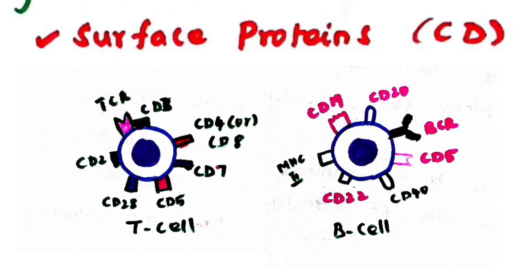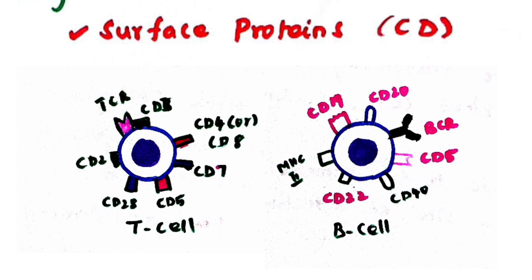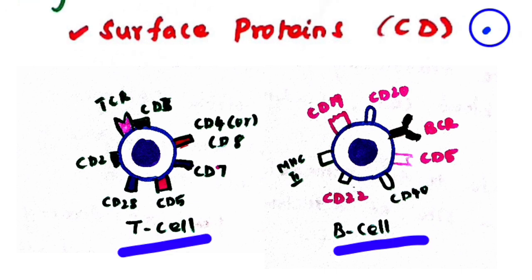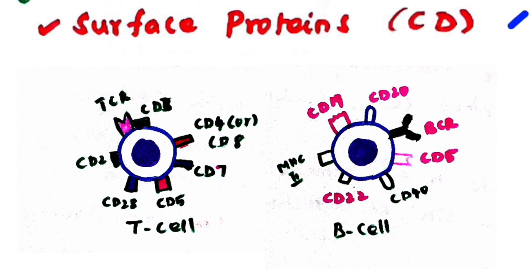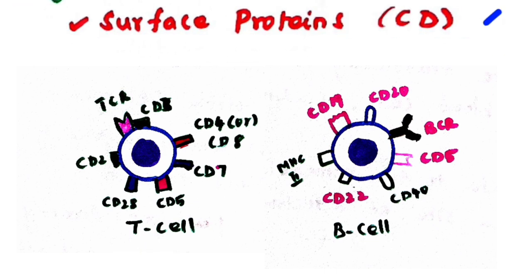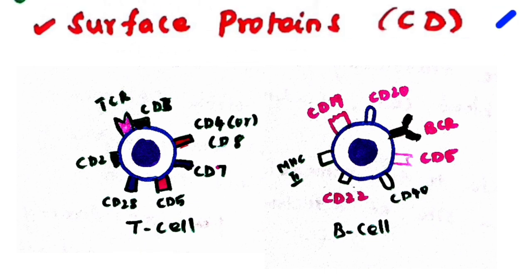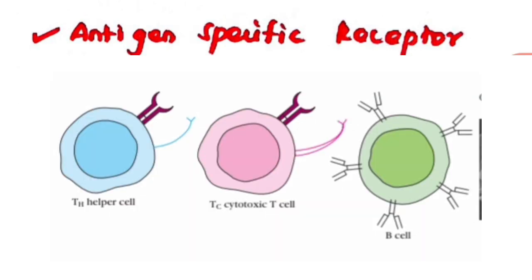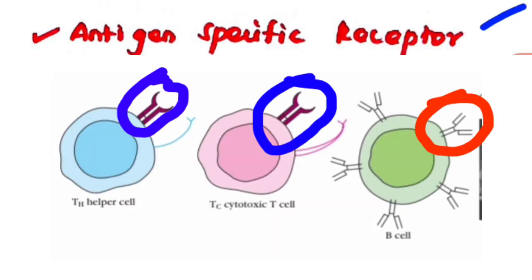Surface proteins are known as cluster of differentiation. These surface proteins are expressed on the cell surfaces of B cells and T cells, and there are different types of cell surface proteins. So based upon that, we can differentiate T cells and B cells. Then the antigen specific receptors present on T and B cells are also used to distinguish them.